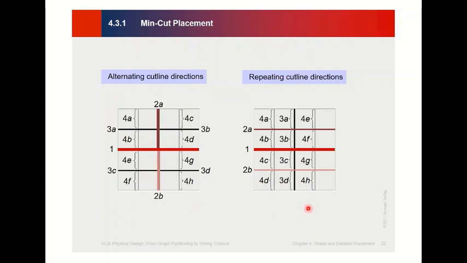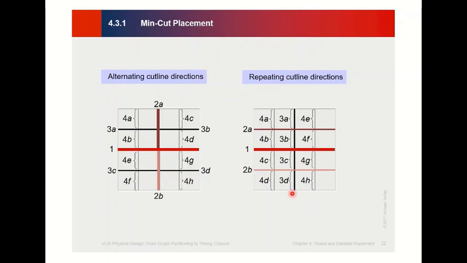Similarly, we can do what is called repeating cut line directions. So we keep cutting in the same direction. For example, in this case, we cut horizontally once, then we cut horizontally again here and here. So now we have 4 regions, 1, 2, 3, 4. And then to split further, we are going to cut vertically.